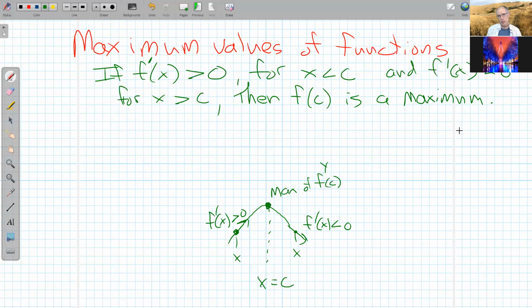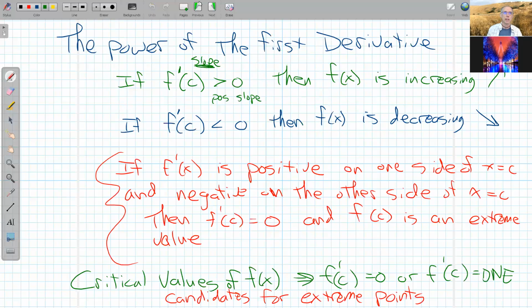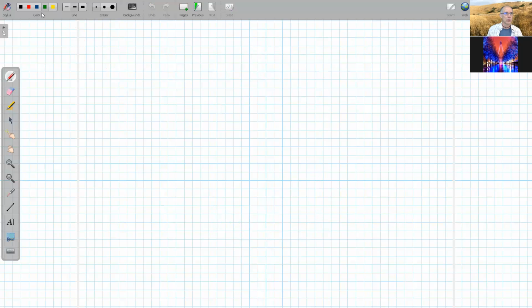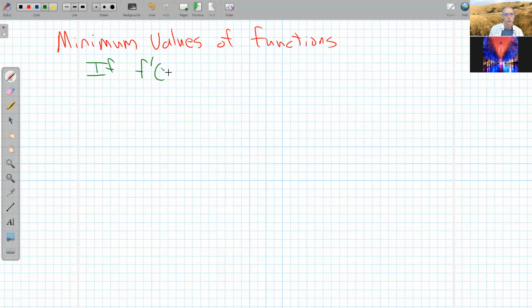And then there's a corresponding definition for a minimum of a function. So we're connecting these max and mins to our derivative function. And when we put all this together, this is what's called the first derivative test for a function. So let's state the minimum, and then let's do it with a couple of examples. In this case, we have our derivative less than 0, right?